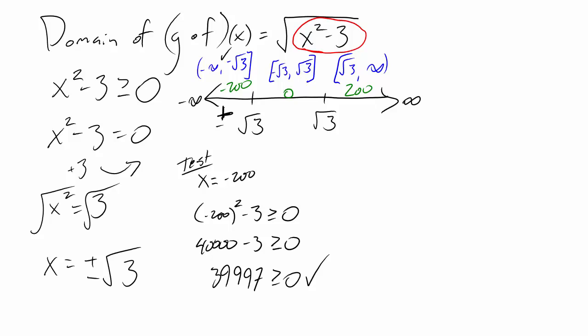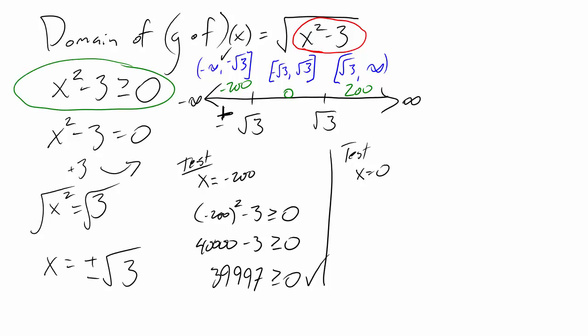The next item on our list here is to test what happens when x equals 0. So we put a 0 again in for our x back here, x squared minus 3.